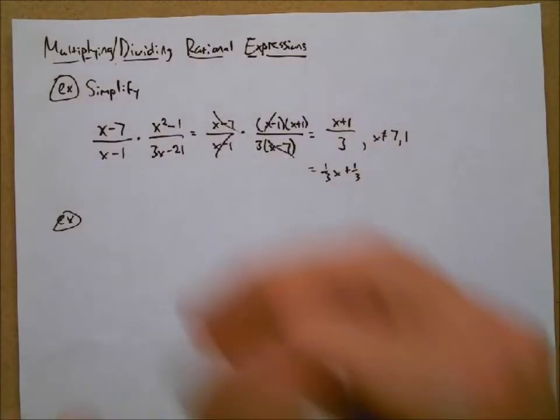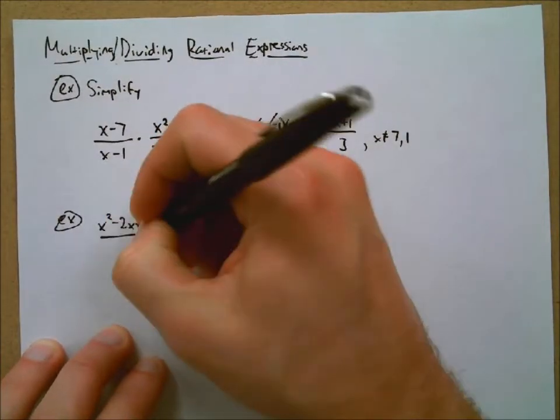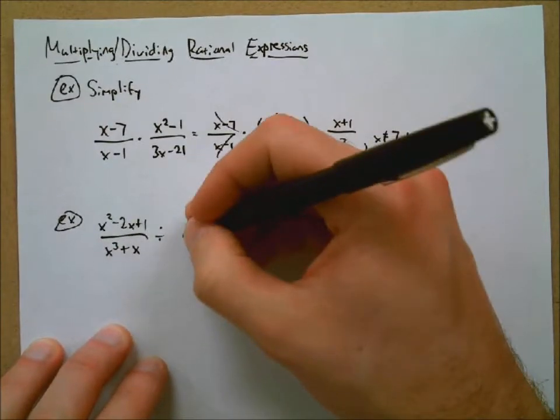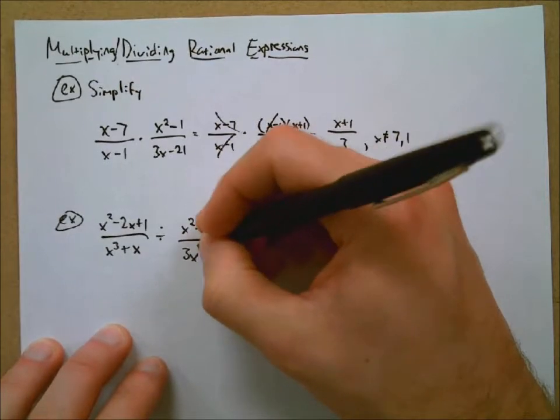Okay, again, simplify here. So x squared minus 2x plus 1 over x cubed plus x, divided by x squared plus x minus 2 over 3x squared plus 3.